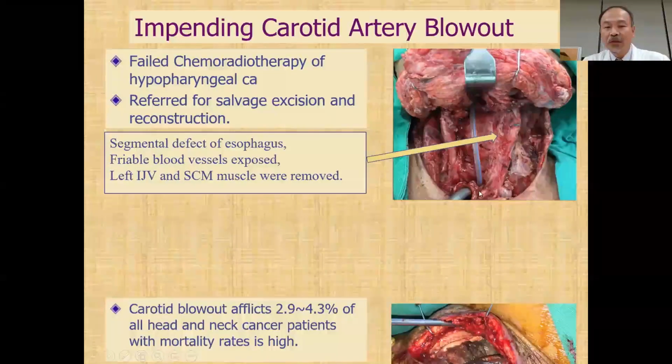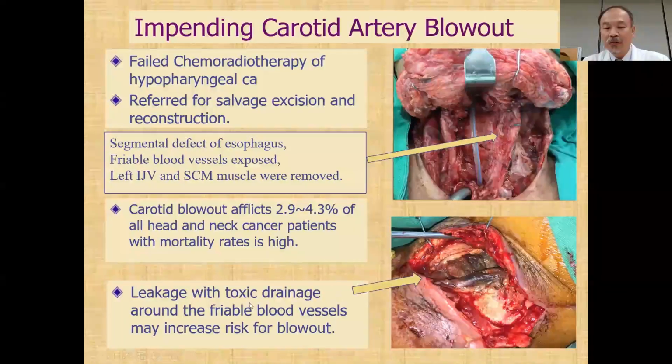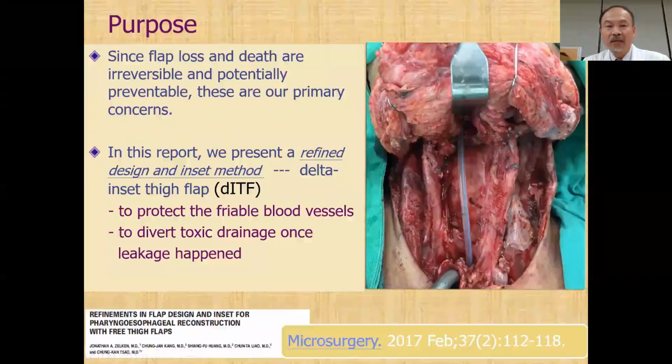We know carotid blowout is very dangerous and the mortality rate is high. Once after reconstruction there's leakage, the toxic drainage around the friable blood vessels may increase the risk of blowout. Since flap loss and death are irreversible and potentially preventable, these are our primary concerns.